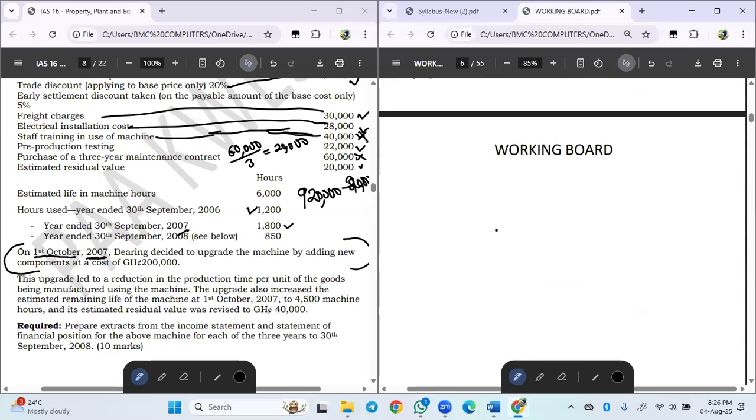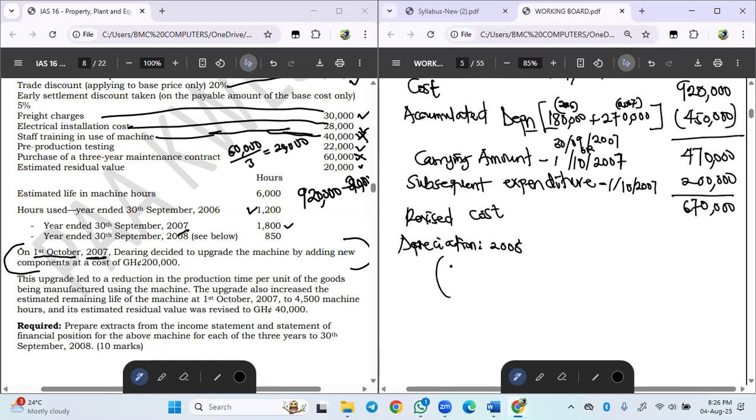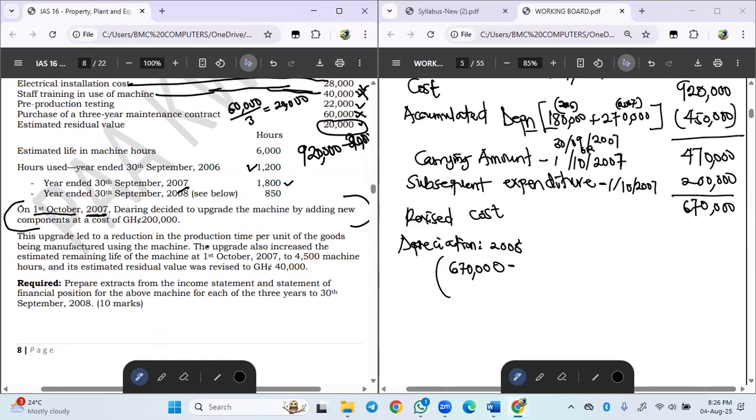All right, so here the depreciation for 2008, the cost will be 1,120 minus residual value. The residual value, you are not going to use the 20,000 here, because already we've used that one. Look at this information. They said that the upgrade also increased the estimated remaining life of the machine at 1st October 2007 to 4,500 machine hours, and its estimated residual value was revised to what? 40,000.